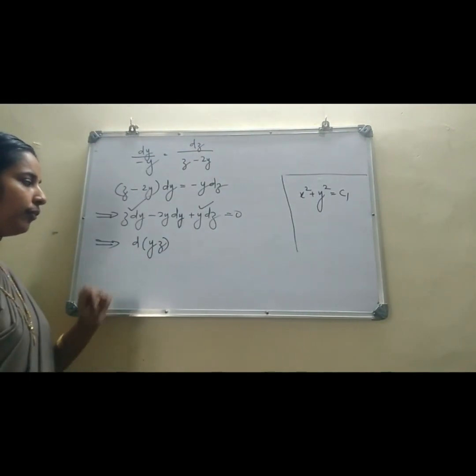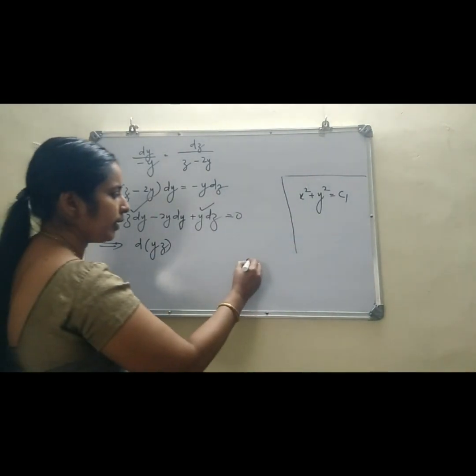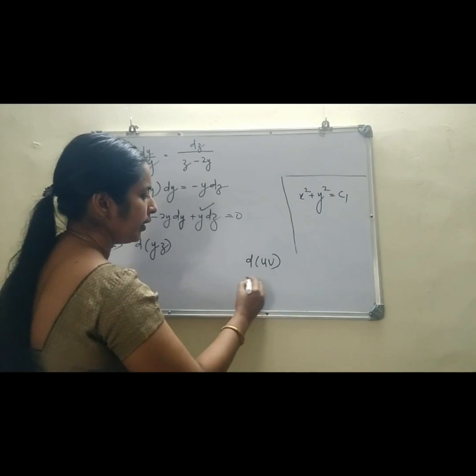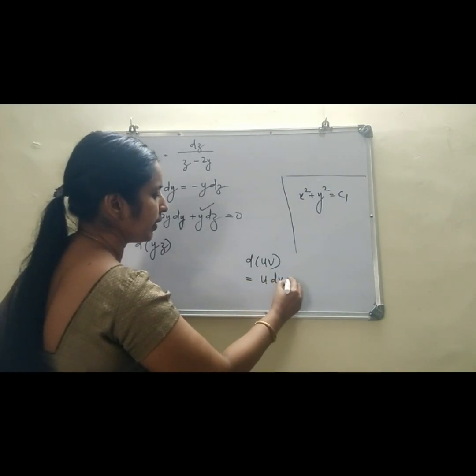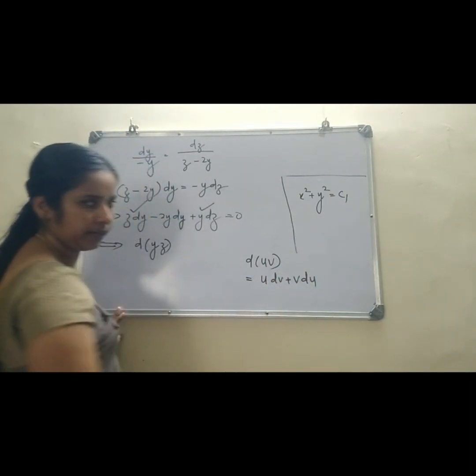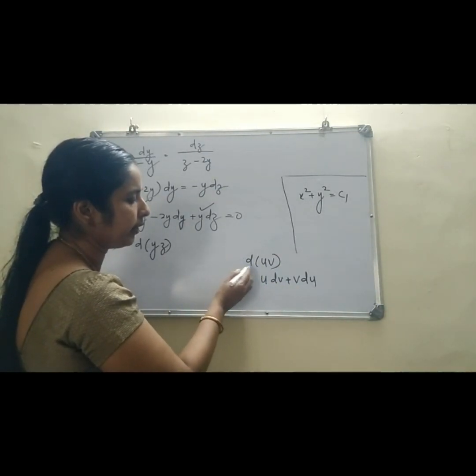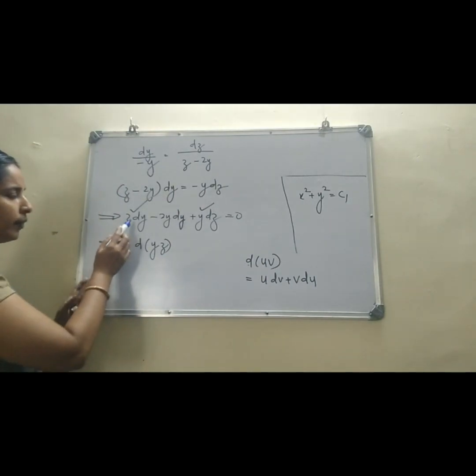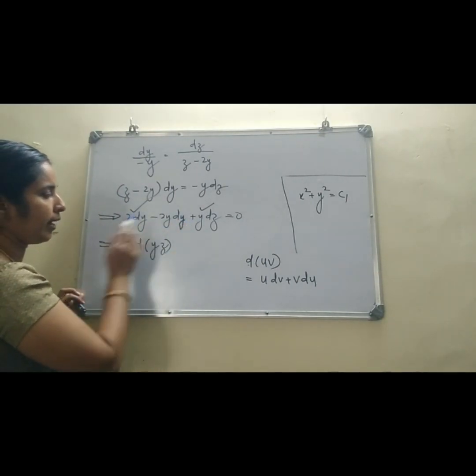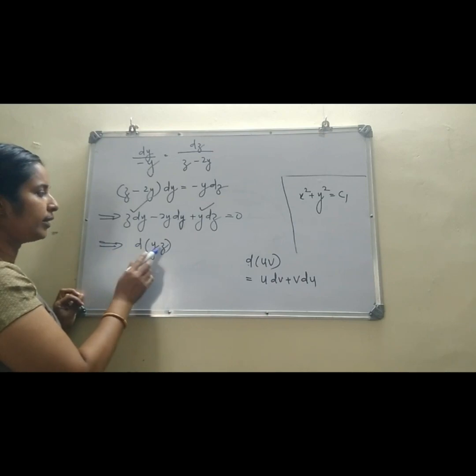What is derivative of yz? What is derivative of uv? It is first into derivative of second plus second into derivative of first. That is, this can be written as derivative of uv. Similarly, by taking first and last, you can consider it as derivative of yz.